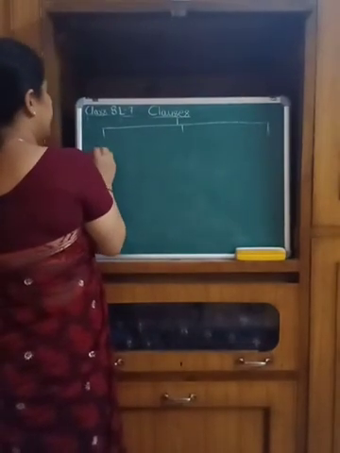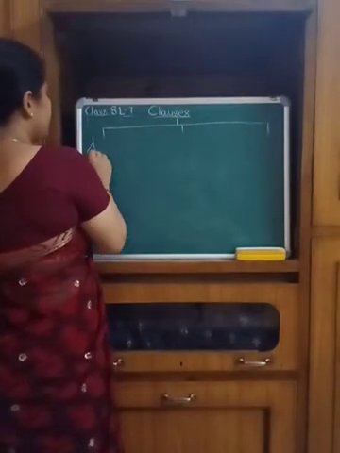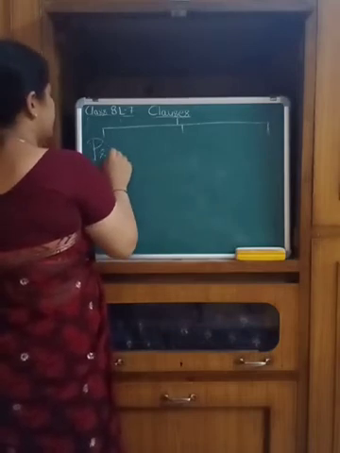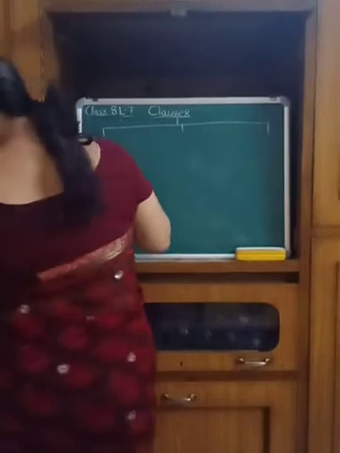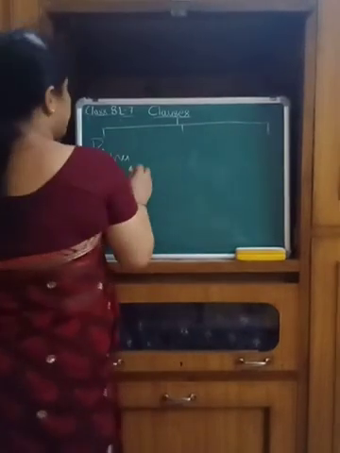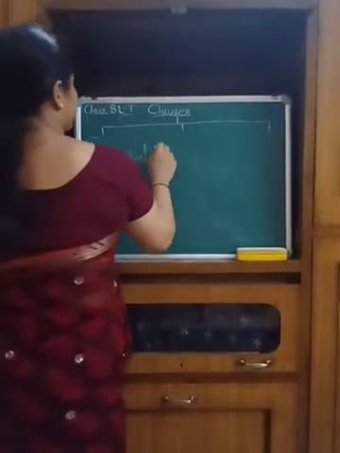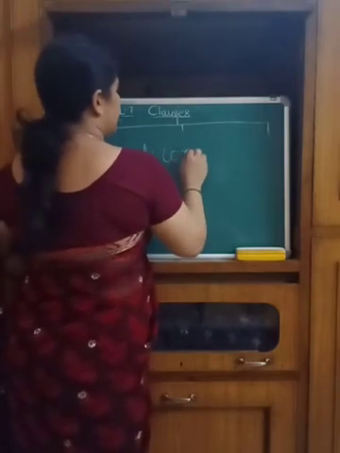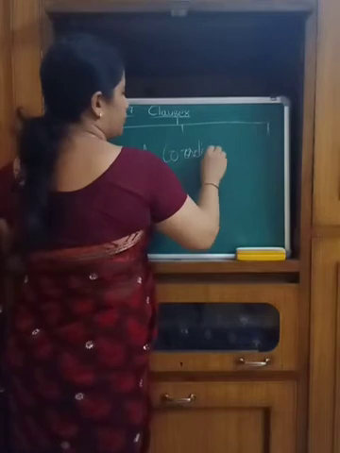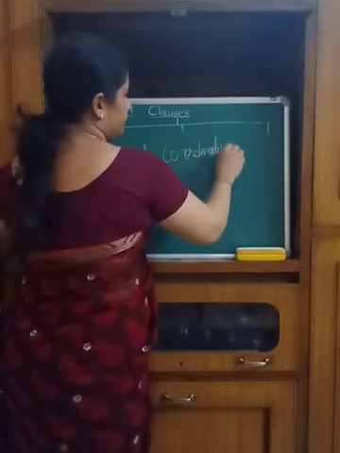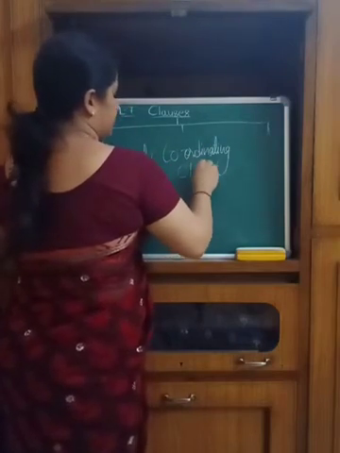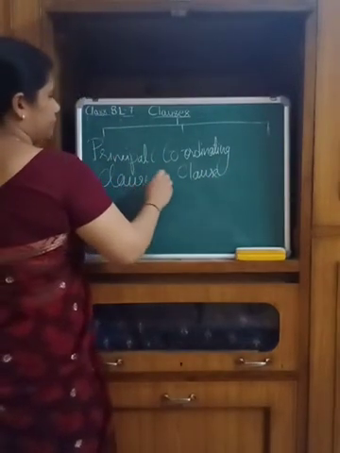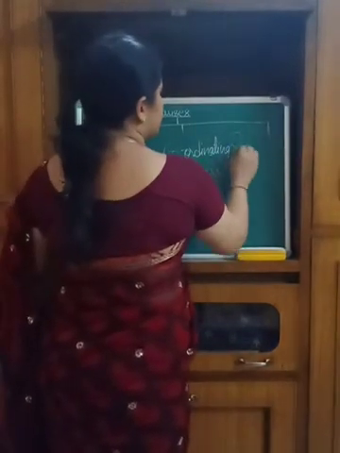The first one is the principal clause. The second one is the coordinating clause. And the last is the subordinating clause.